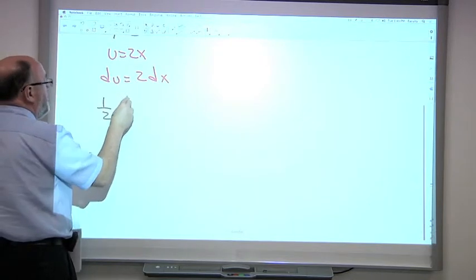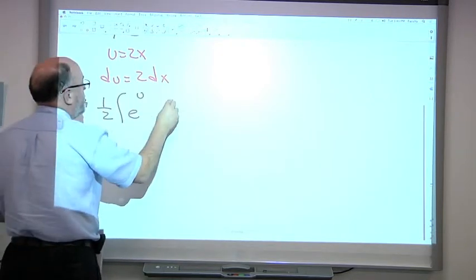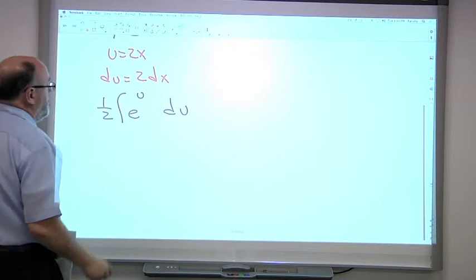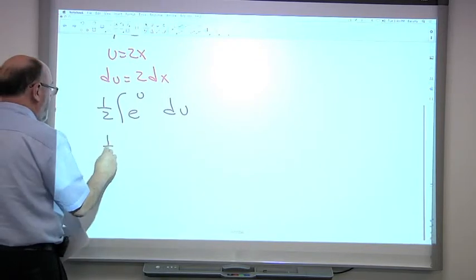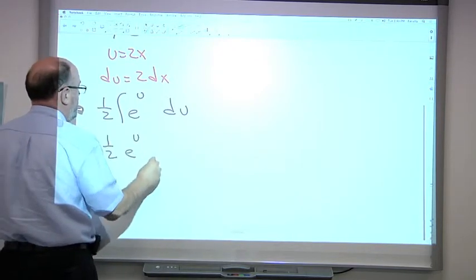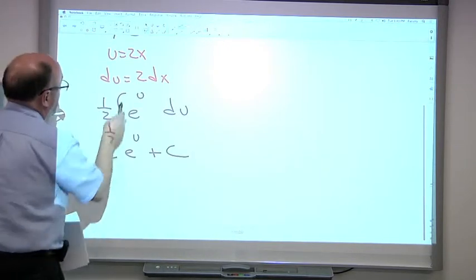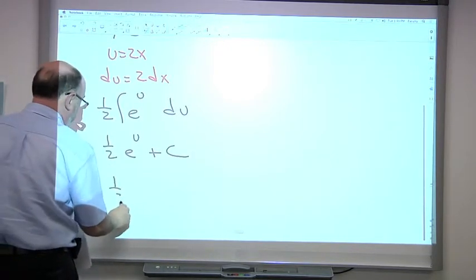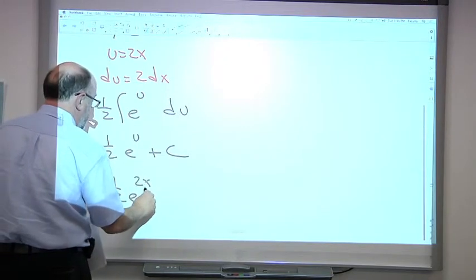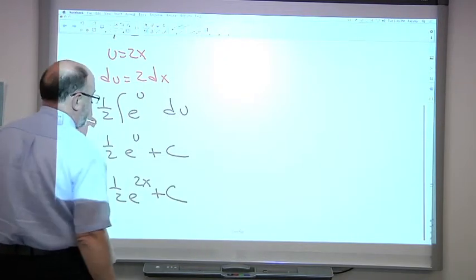So we get 1/2 integral e to the u du. We integrate this, we get 1/2 e to the u plus c. And then substituting back in, we get 1/2 e to the 2x plus c for our answer.